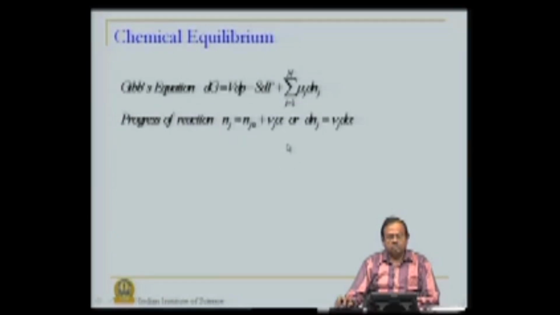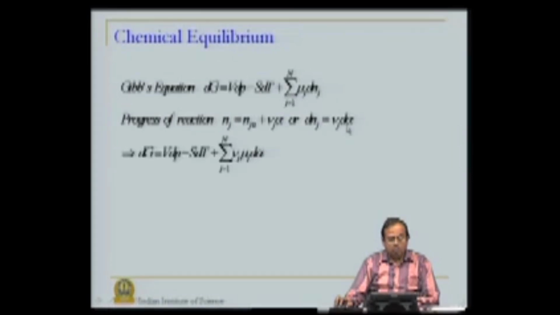According to that definition, the number of moles Nj at any point of time is the number of moles Nj0 that we started with plus nu j into the extent of reaction alpha. This we had seen in our last session. This now implies that the incremental change in number of moles is directly proportional to the incremental change in the extent of reaction. I am just taking a derivative of both sides. Nj0 is constant because that is a fixed value, nu j is constant stoichiometry. So, dNj is nu j d alpha.